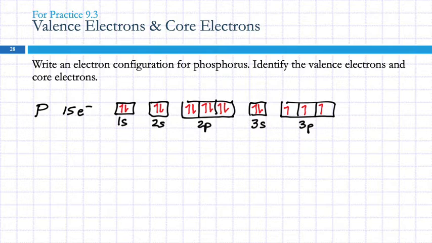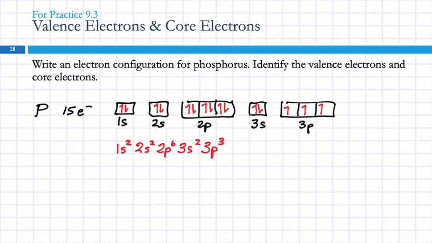We can write the electron configuration from that. 1s2, 2s2, 2p6, 3s2. And how many are in 3p? 3. So that's the electron configuration.